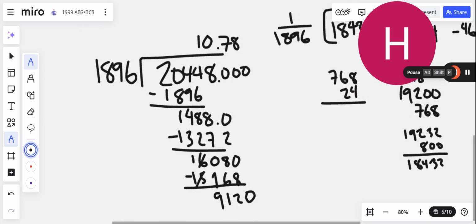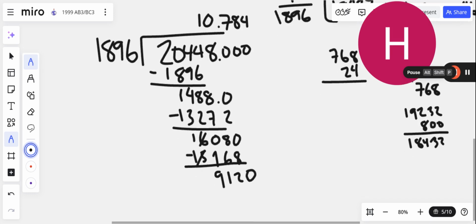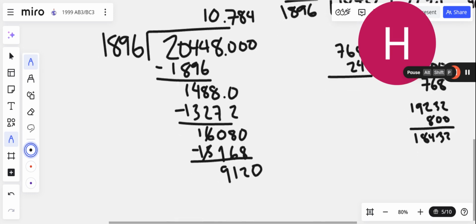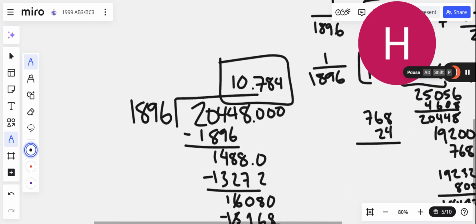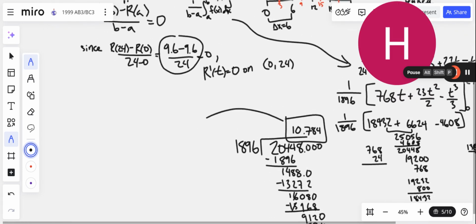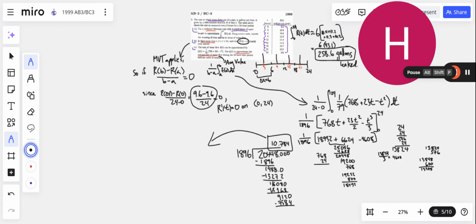That's going to be approximately 4. Does it make 5? Yeah, it does not make 5. So here we go. And I think that's good enough. So we're going to say 10.784. That is our approximate value.